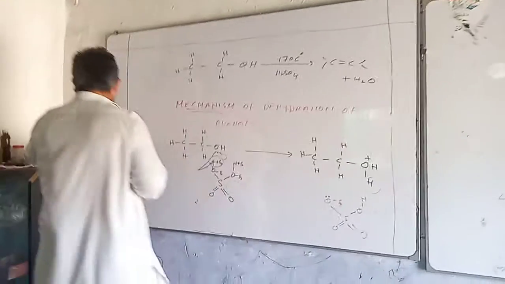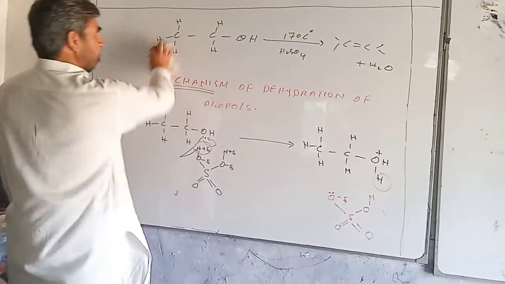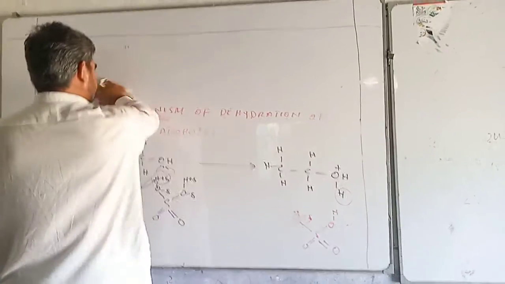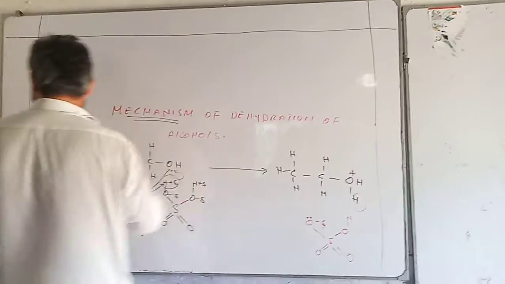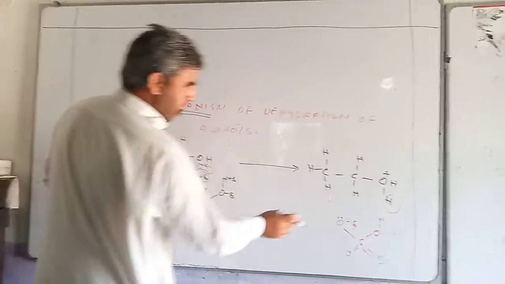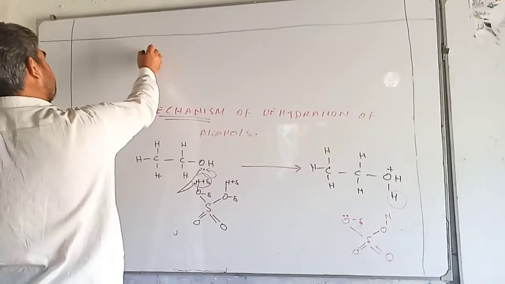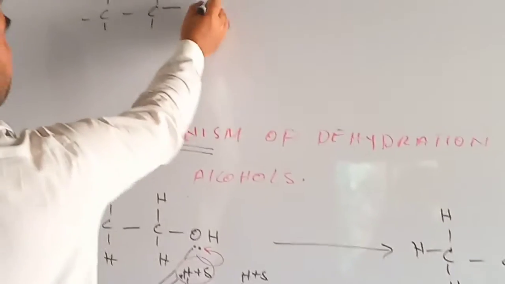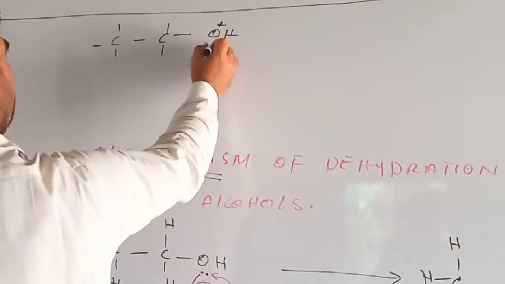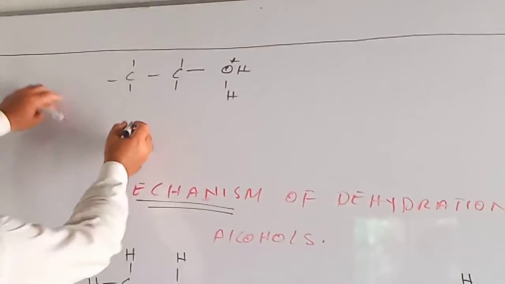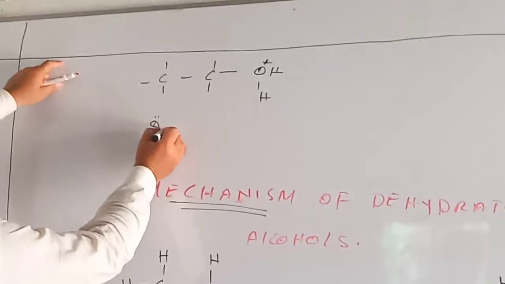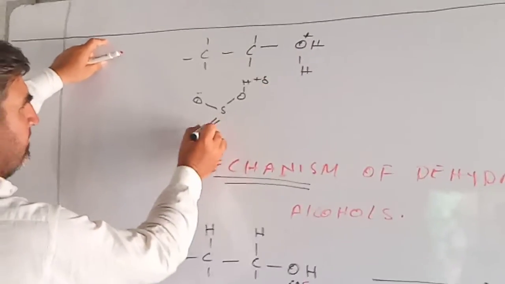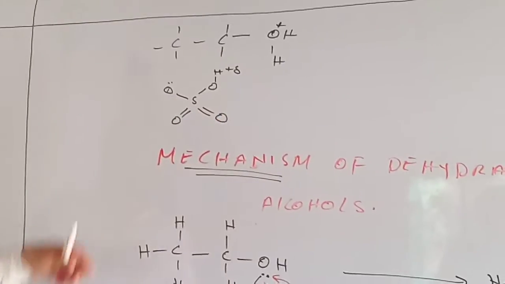How will the alkene be formed? Now this one will become like this. It's very easy, students.